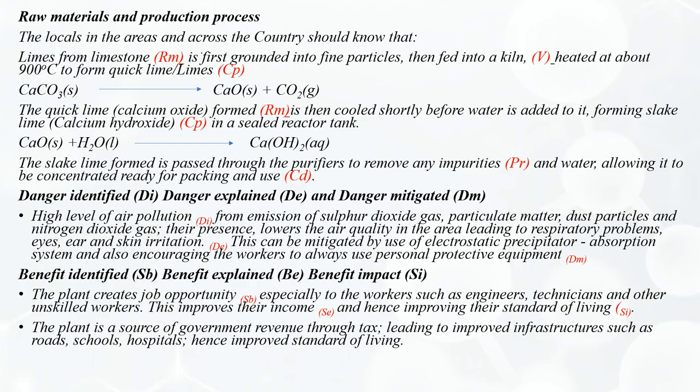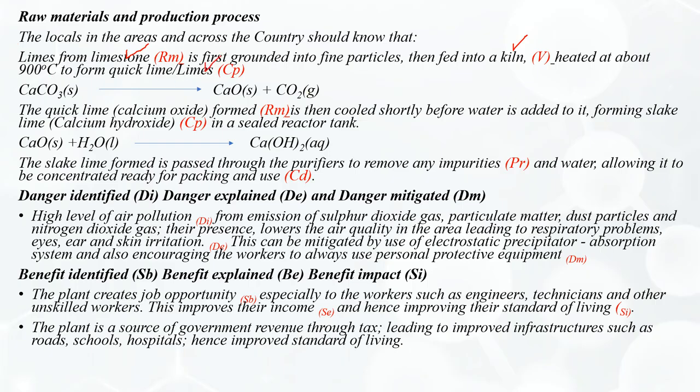The locals in the areas and across the country should know that lime from limestone, that is the raw material, is first ground into fine particles, then fed in the kiln. Kiln is the vessel, heated at about 900 degrees Celsius to form quick lime.